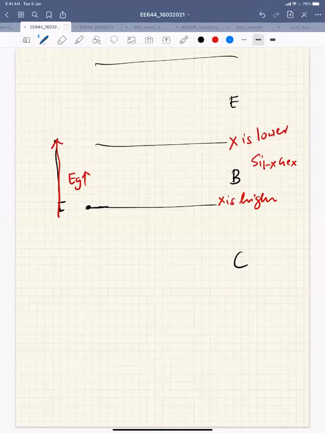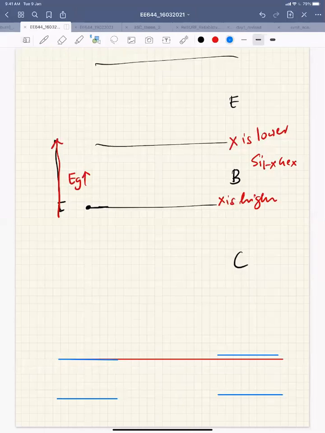If that is the case, and I draw the band diagram, I have my emitter and my collector.